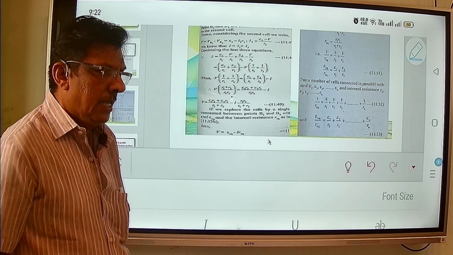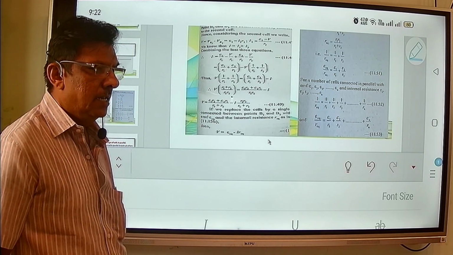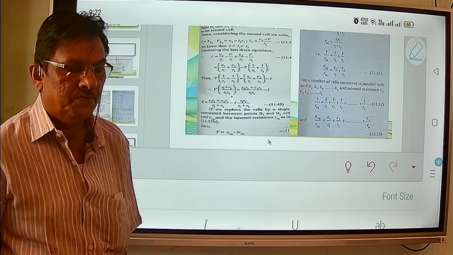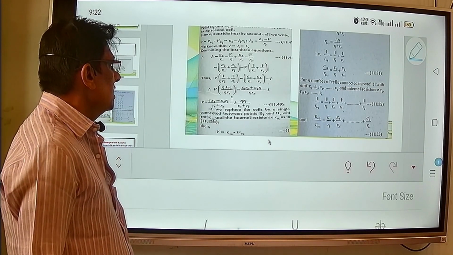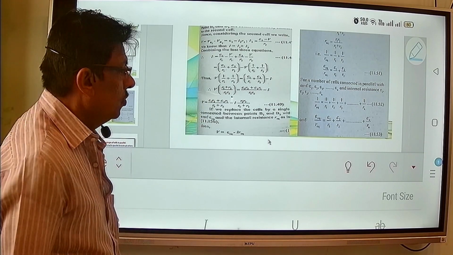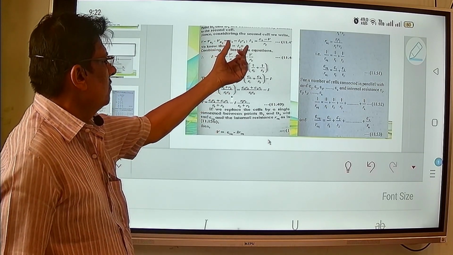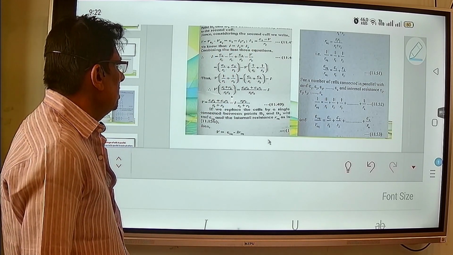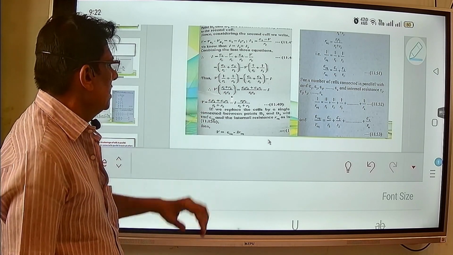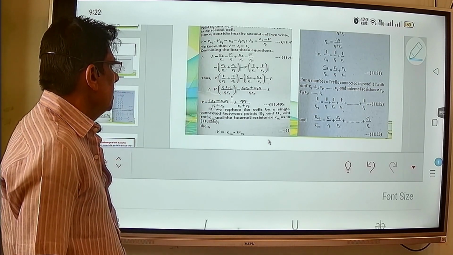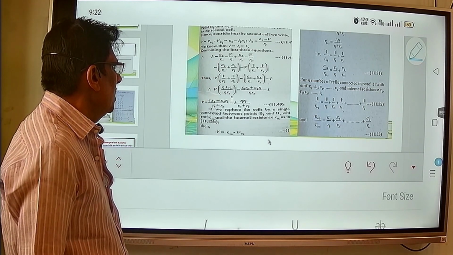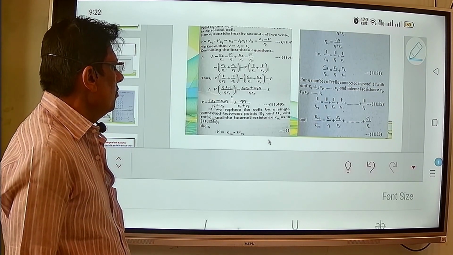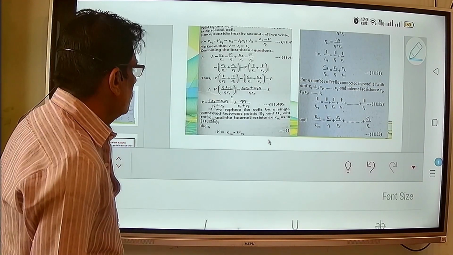Now, in this parallel circuit of cells, voltage remains constant but current is different. For the first cell the current is I1, and for the second it is I2, and the sum I1 plus I2 is equal to the total I. So, combining these three equations, I is equal to E1 upon R1 minus V upon R1 plus E2 upon R2 minus V upon R2.